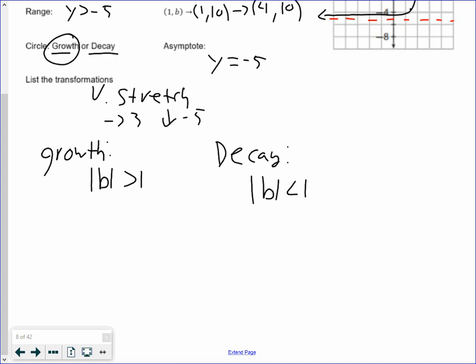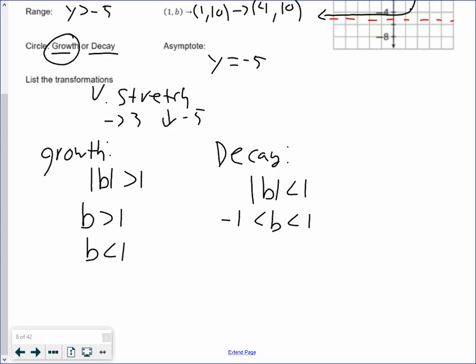Or in other words, b can never equal 1, but when b is greater than 1, it's a growth function. And for decay, if b is greater than 0 and less than 1. That's how you know if it's a growth function or a decay function.